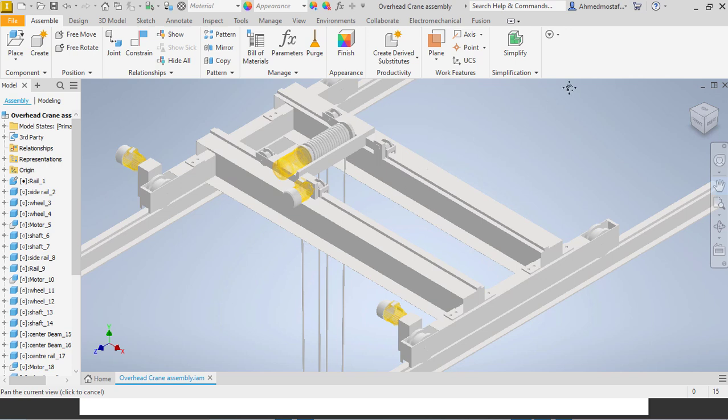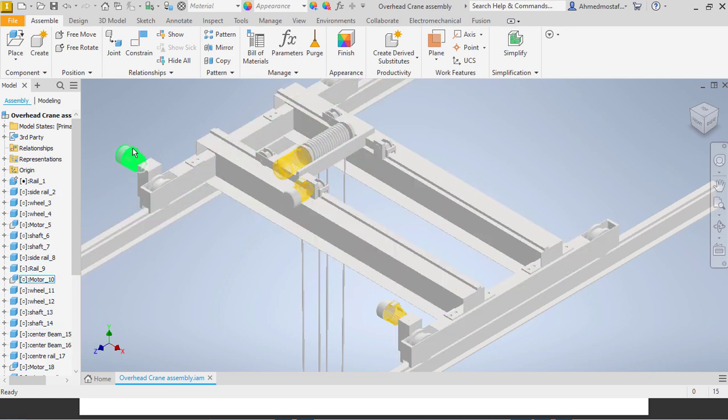Now for the traveling movement we have two different motors, motor number 1 and motor number 2. They are identical and working in the same manner. They are helping each other to make this crane move forward and backward. In the cross traveling movement we have only one small motor. This motor is responsible for the forward and reverse movement, also for high speed and low speed.